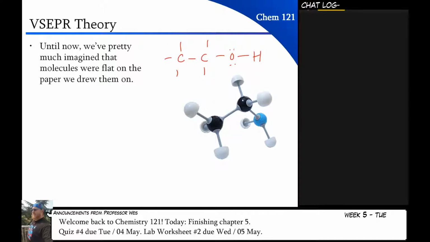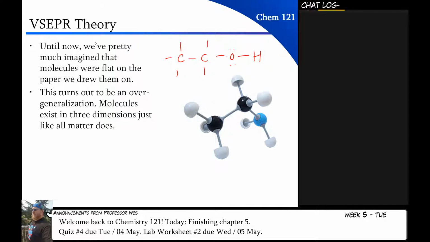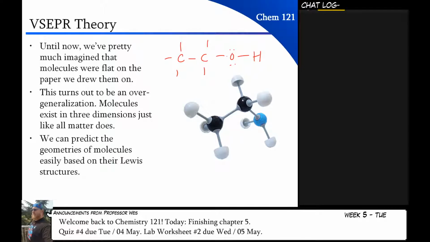Well, if they're flat on paper, we might imagine them to be like that, but it turns out that when we have 3 dimensions available, we get interesting geometries and shapes that occupy 3 dimensions, because we are 3-dimensional creatures too. That must mean that our molecules, to some degree, must also be 3-dimensional, right?